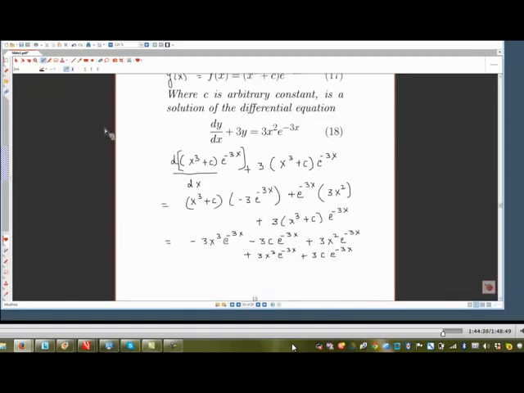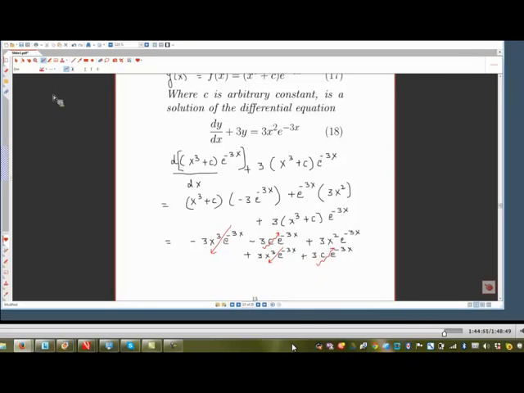Examining all the terms here, we can see that this term and this term cancel each other, and in the same way this term and the last term cancel each other.